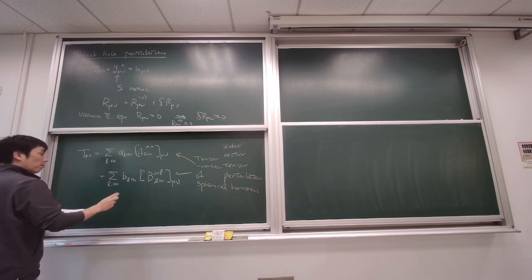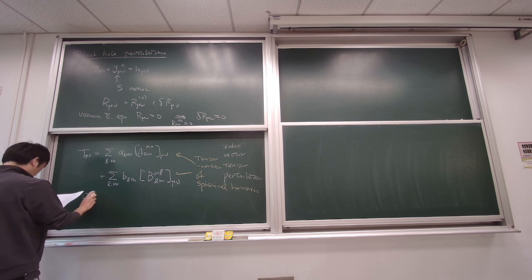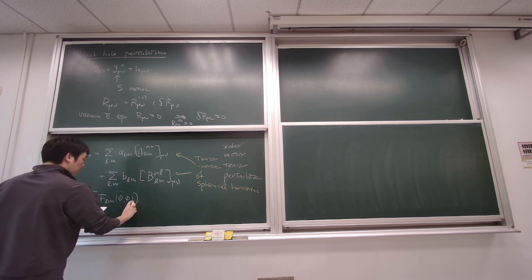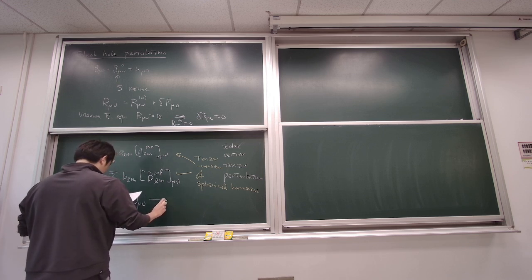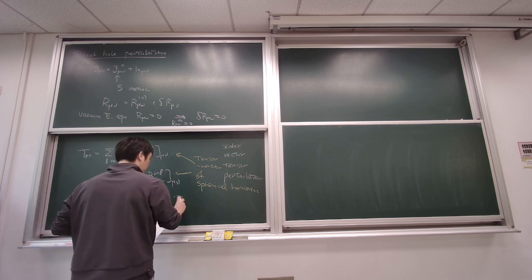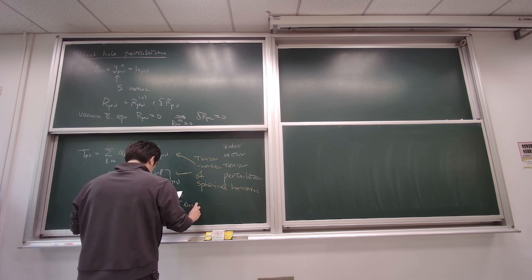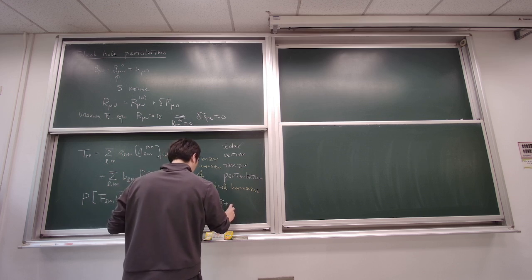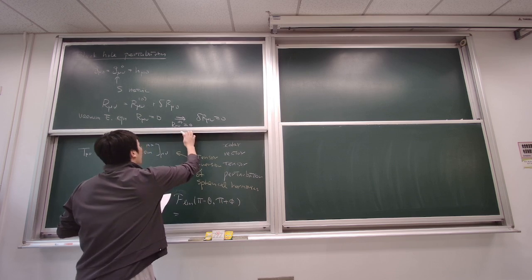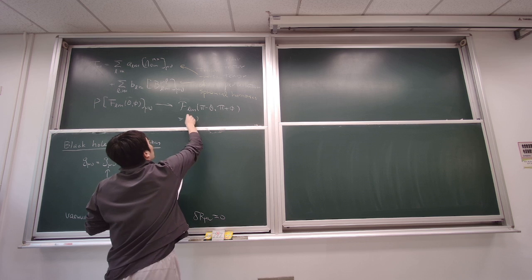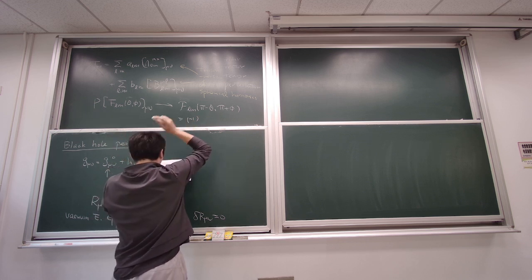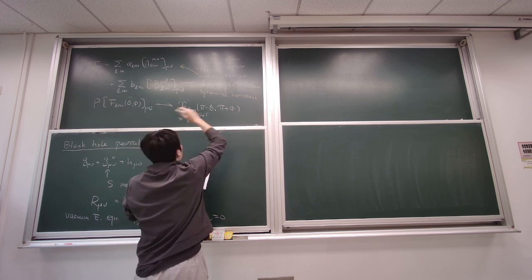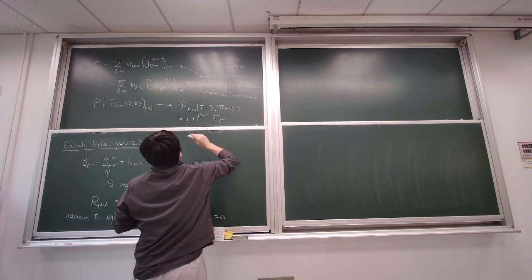So axial and polar polarization means that if you have a parity transformation of this F LM mu nu, theta and phi go to pi minus theta and pi plus phi, and this is equal to minus 1 to the L plus 1 times F LM mu nu.